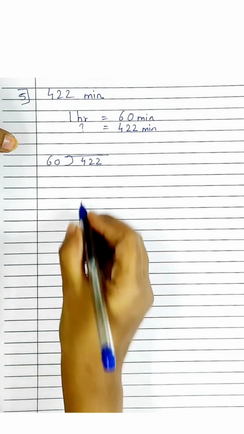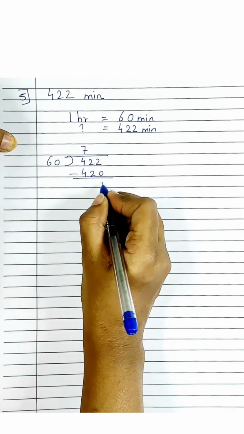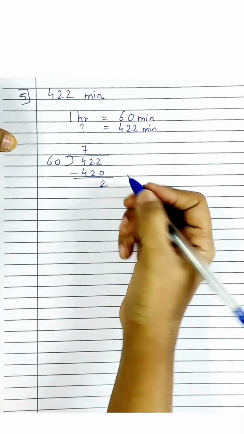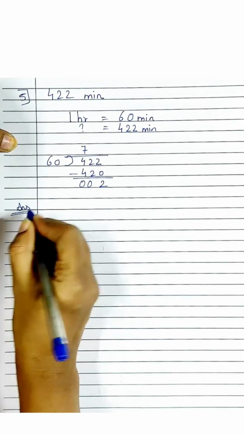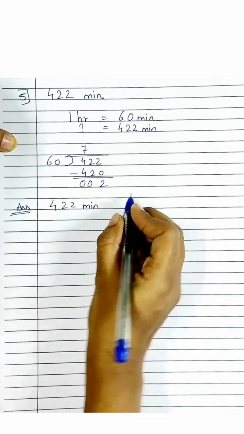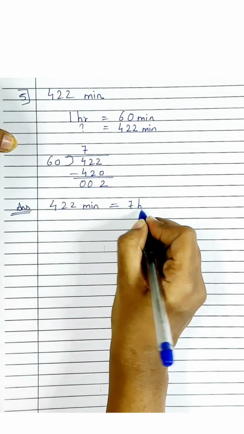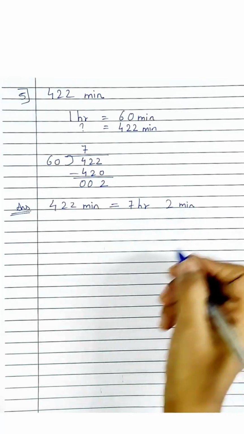So 60 7s are 420. Yes. So how you will write answer? 422 minutes include how many hours? 7 hours 2 minutes.